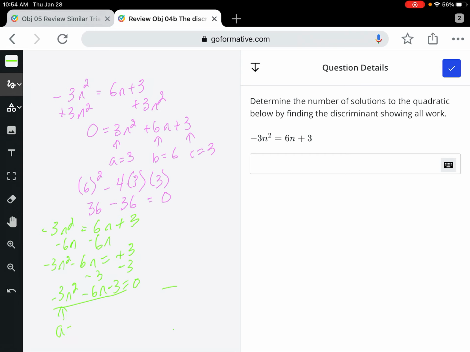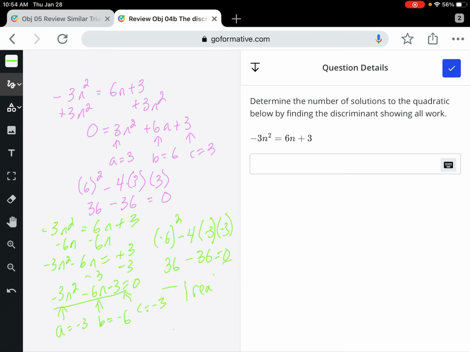For this one here, in this case, a would be -3, b would be -6, and c would be -3. And I do the same thing. It would be b squared, make sure you put in parentheses, b squared minus 4 times a times c. This would be +36 again, minus 36, which would still be 0.